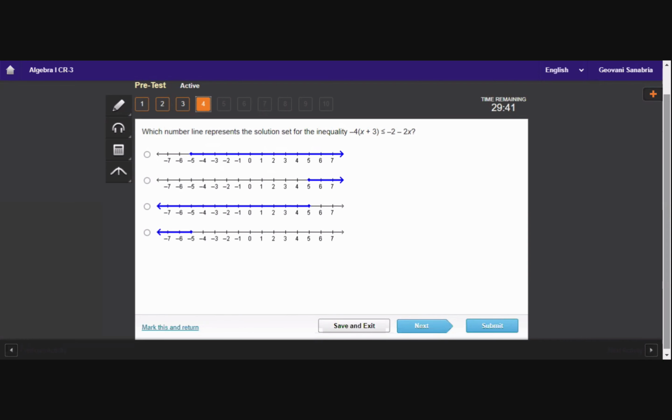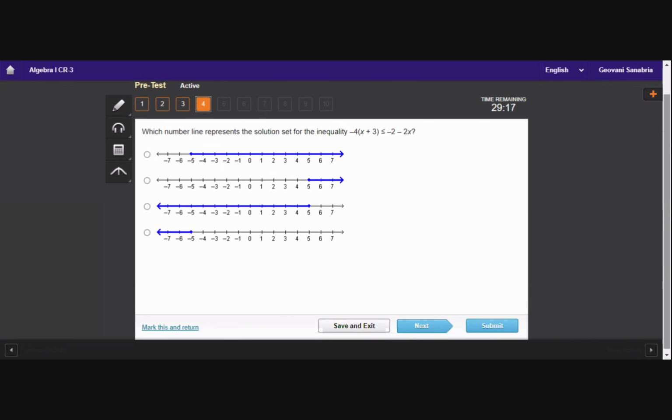All right. So I'm going to do the same. I got negative 4x, negative 12, greater than or equal to negative 2 and negative 2x. So I'm going to do the 2. Well, I mean, the 4. I'll just add 4x. Cross that out.